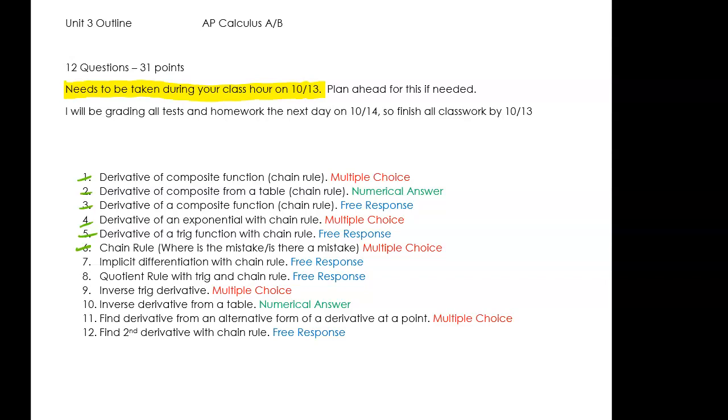Question 7, implicit differentiation with chain rule. You guys had one in your homework the other day that was somewhat like this. So I'll just put this.